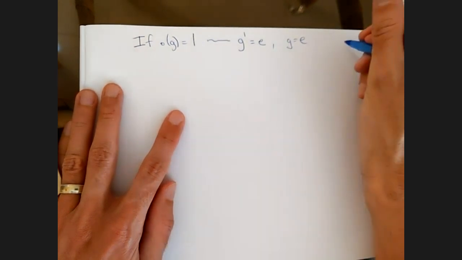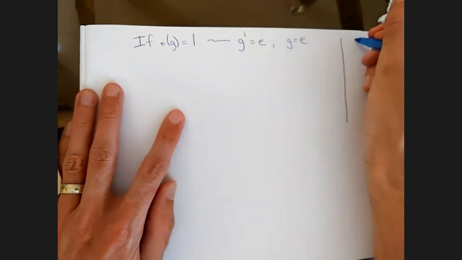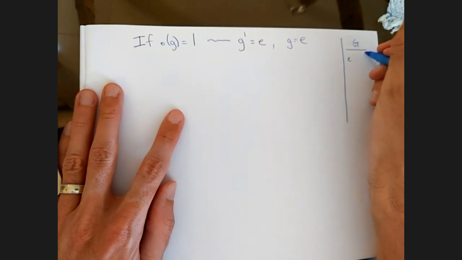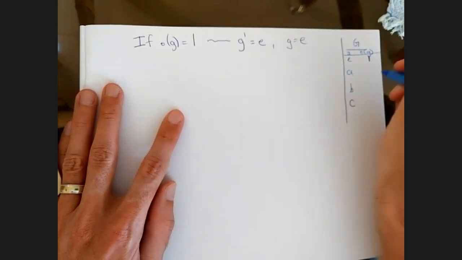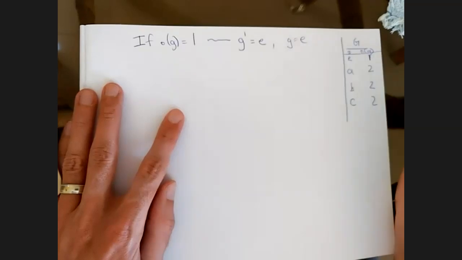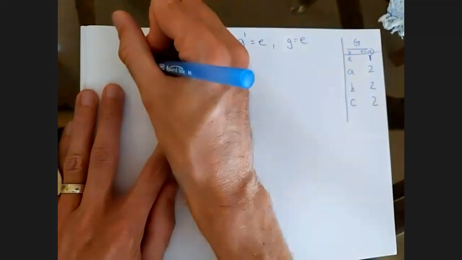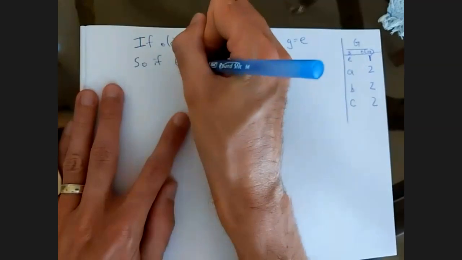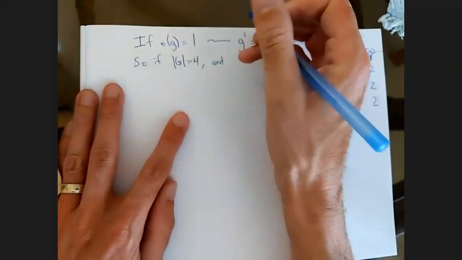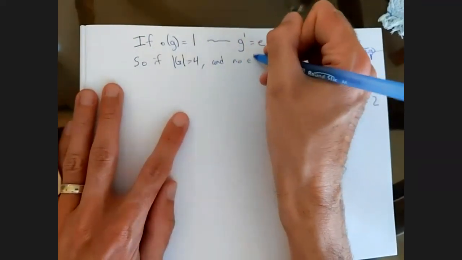So out of my 4 elements, here's my group G. E has order 1, and then I might have a, b, and c. Well, the only possible orders for this case are 1 and 2, and so these all have to have order 2.